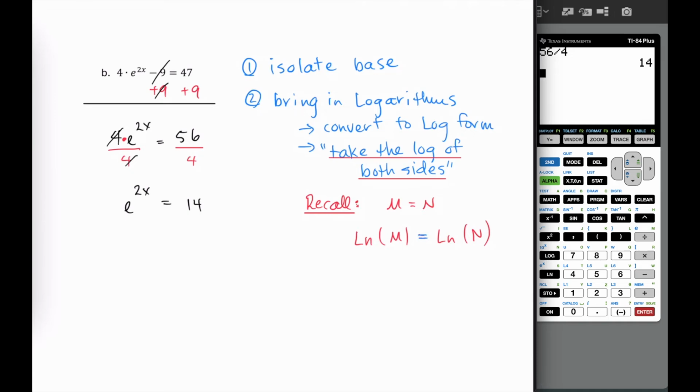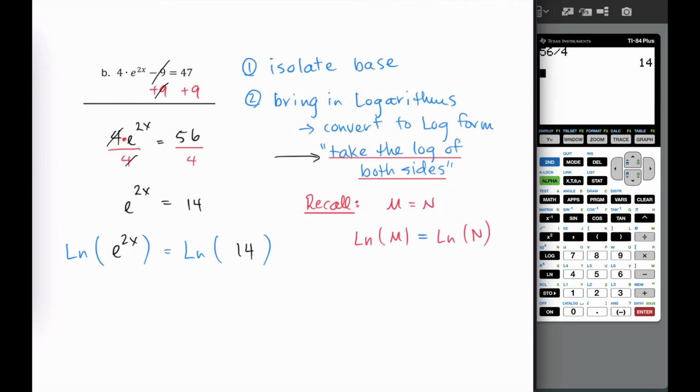So we'll say if e to the 2x is equal to 14, then the ln of e to the 2x must be the same as the ln of 14. And this is what we call taking the log of both sides, or putting both sides into the argument of the same logarithm. It is important that the base be the same for each side of the equation.